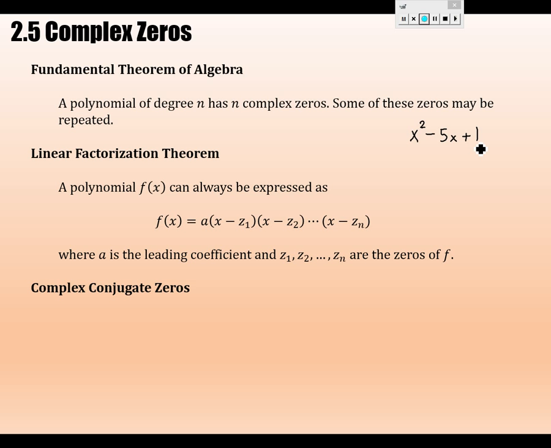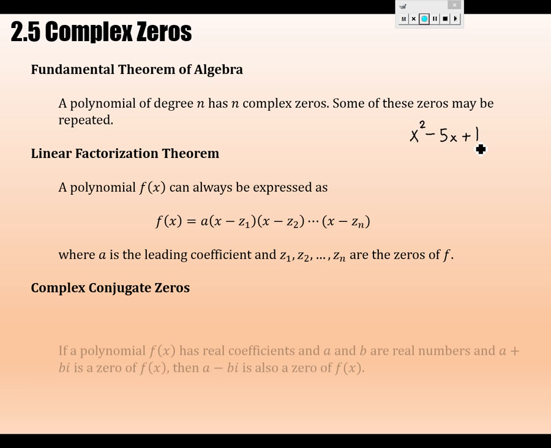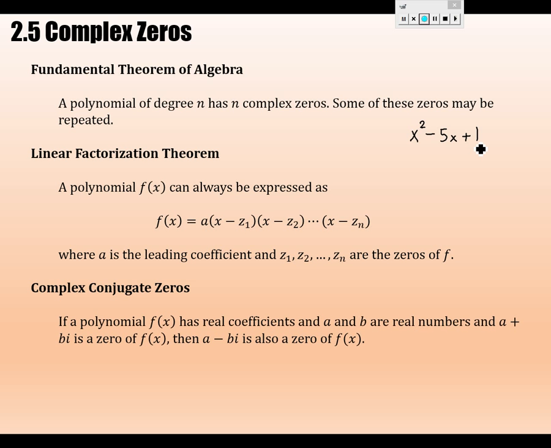I don't mind telling you, but I thought maybe you'd remember something about complex conjugates. They come in pairs, right? So if a plus bi is one of the zeros, then a minus bi, its complex conjugate pair, is also a zero.